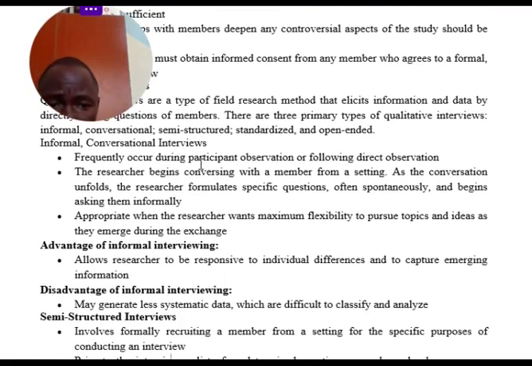The first thing we are going to be looking at is what we call the informal conversation interview. This one frequently occurs during participant observation, and there is also what we call direct observation, where people go into the field directly and ask questions to the members from a setting.